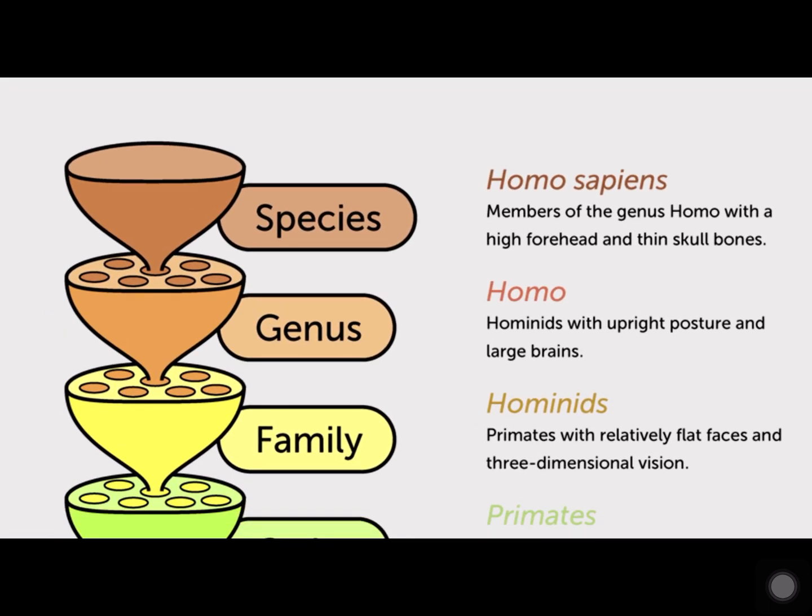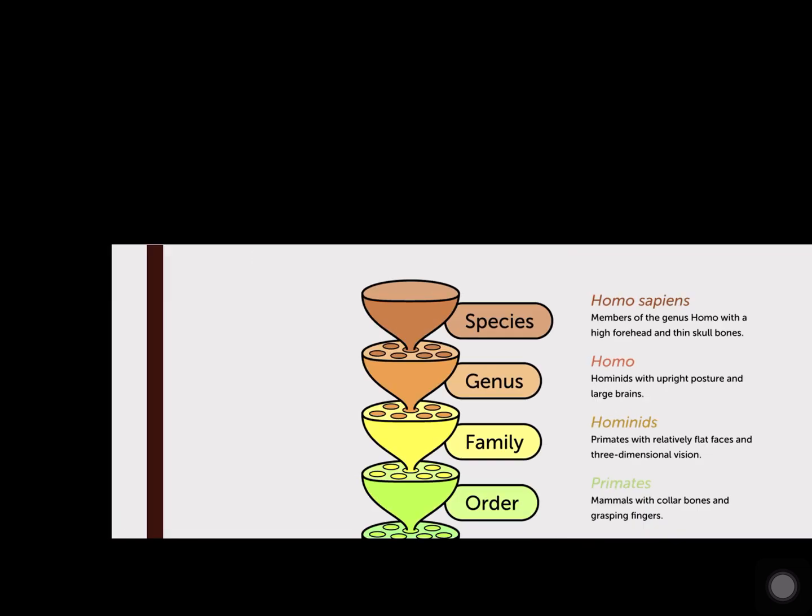Then genus, that is Homo: hominids with upright posture and large brain. Then species, which is Homo sapiens: members of the genus Homo, with a high forehead and a thin skull.